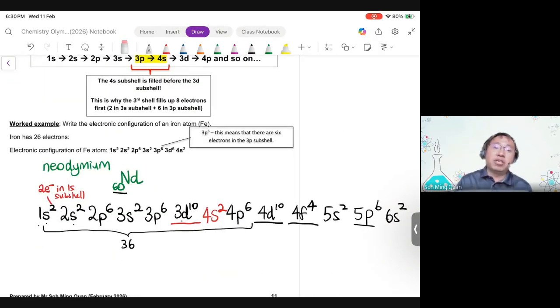Now, how is neodymium useful in your life? Neodymium is one of the rare earth metals. You have heard this word rare earth metals a lot in the newspapers in particular, because different countries are trying to fight over the reserves of the rare earth metals like neodymium found on Earth. Now, rare earth metals are not really rare, okay? They are actually quite easily found around us.